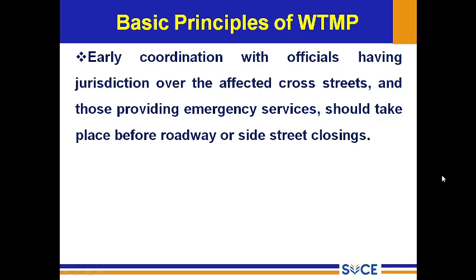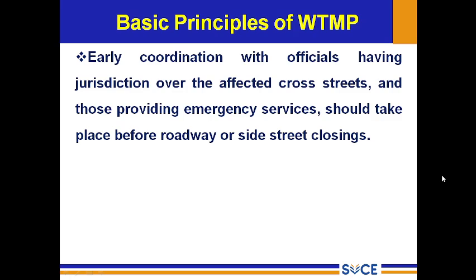Early coordination with officials having jurisdiction over the affected cross streets, and those providing emergency services, should take place before roadway and street side closing. This means, whenever you are planning to close a side street for a road widening project or some road construction work, prior permission should be taken from those on the street.